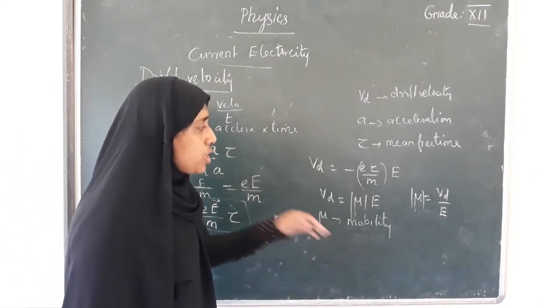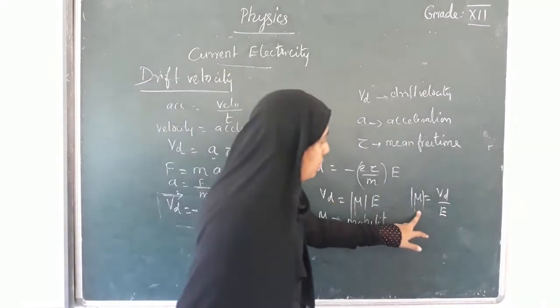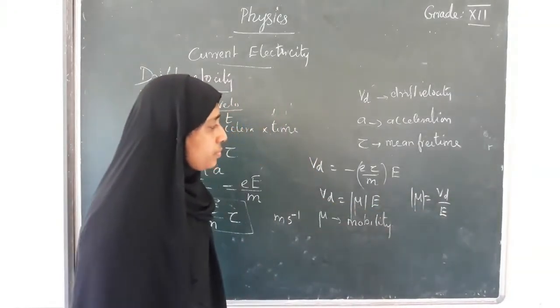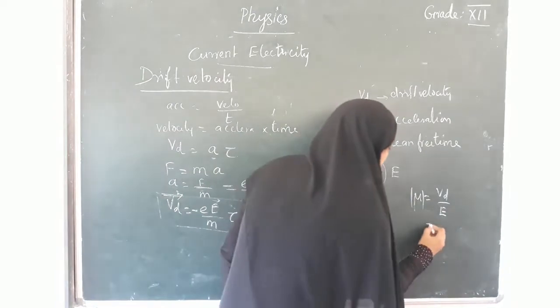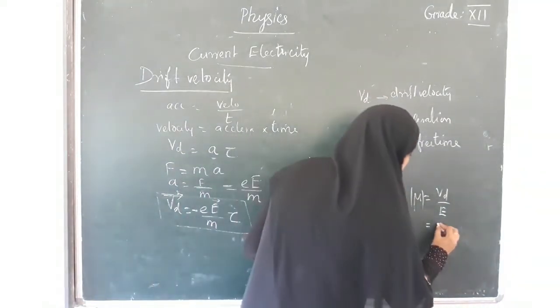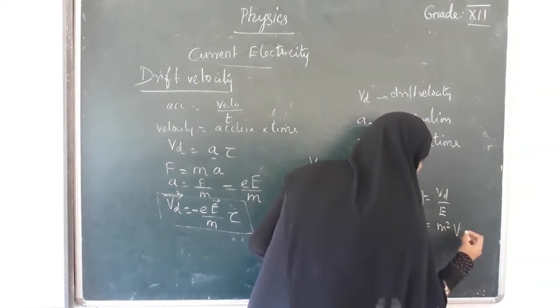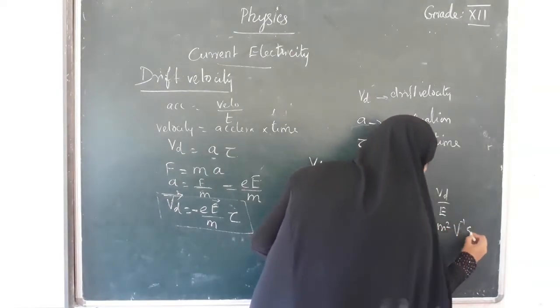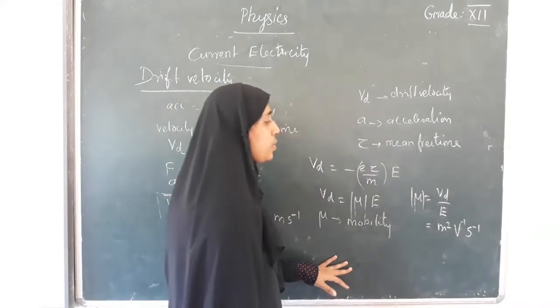What is the unit of mobility? Meter square volt power minus 1 second power minus 1. How does it come?